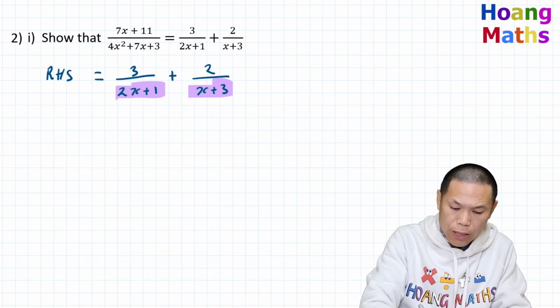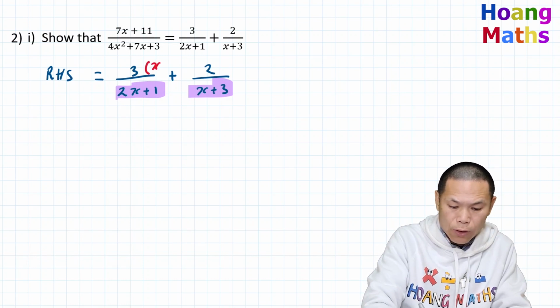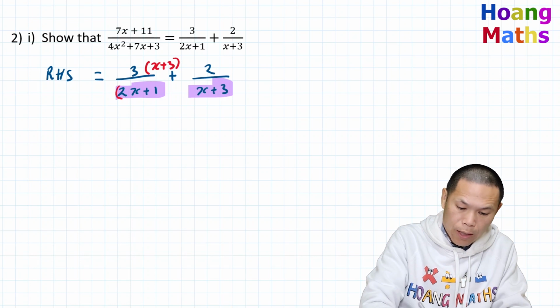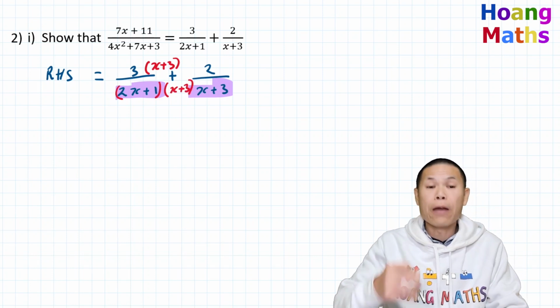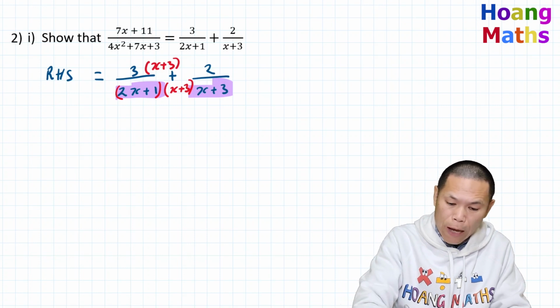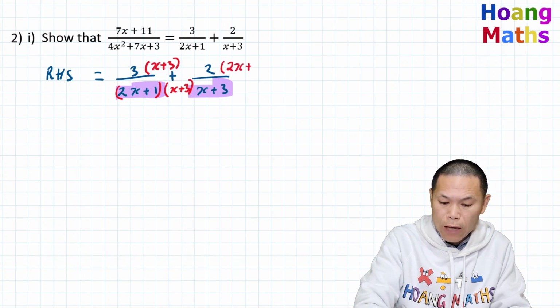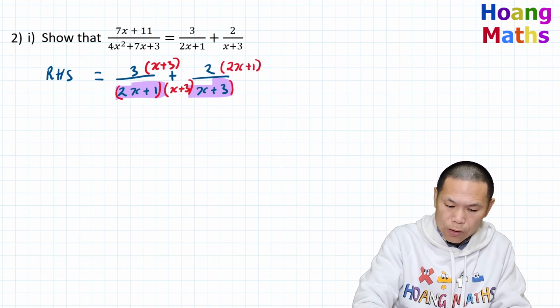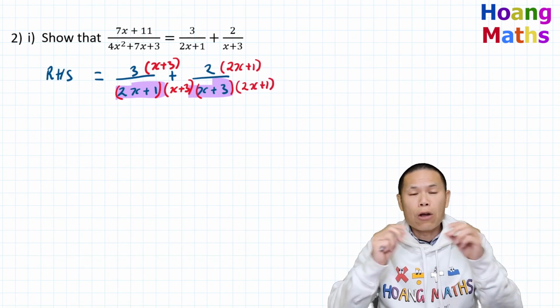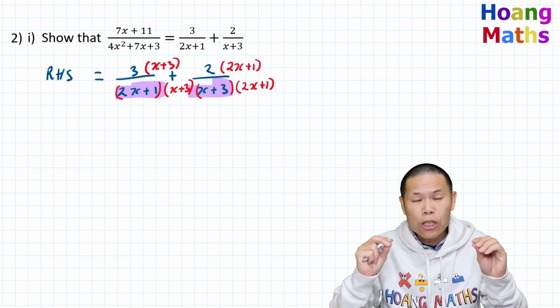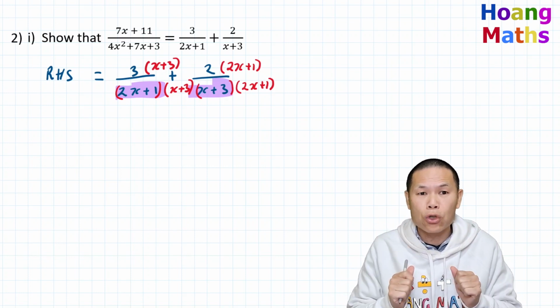So this fraction here is times by x plus 3, and this one, of course, we do the same thing, x plus 3. And for the second fraction, it is times by 2x plus 1.